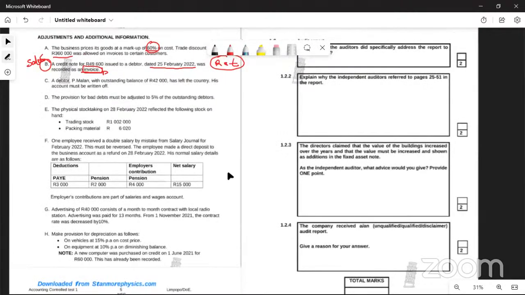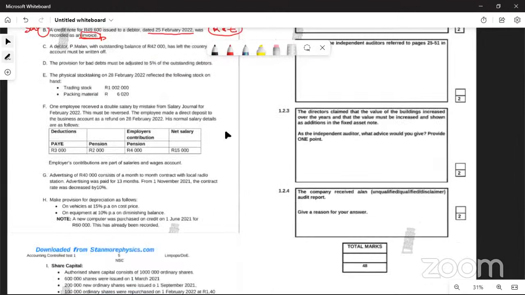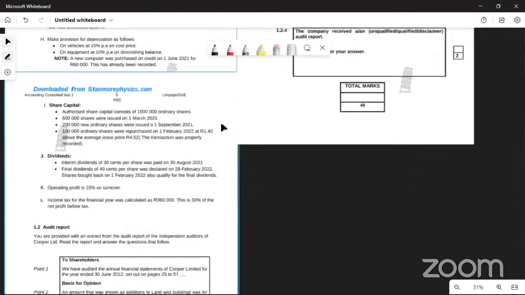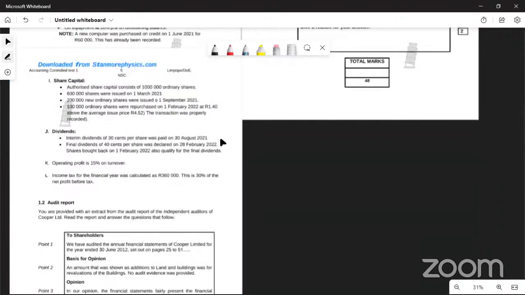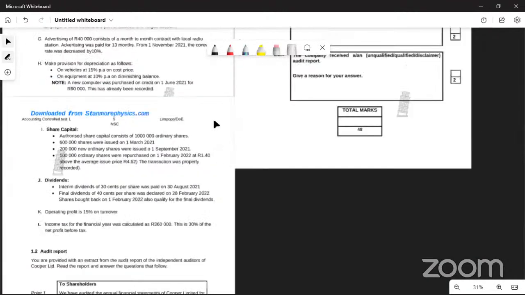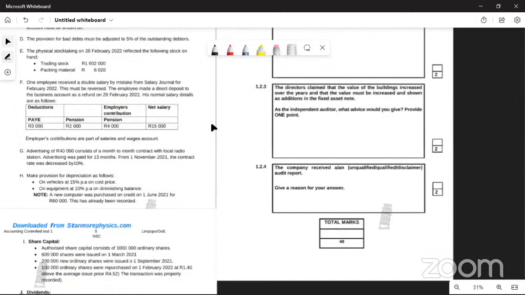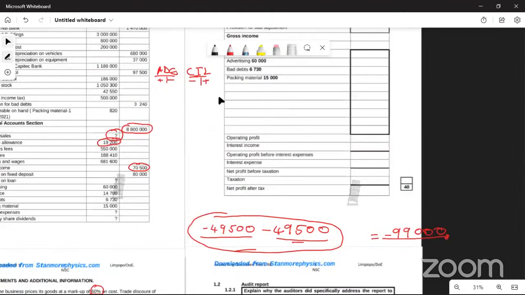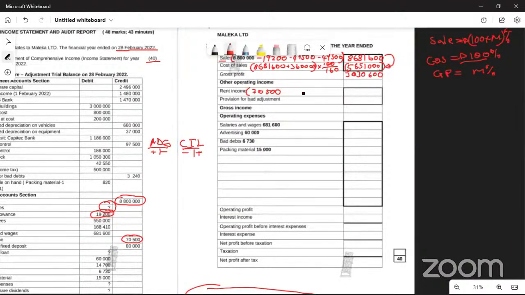We move down, there are other transactions: income tax, audit report, operating income. Fortunately for us, there's no transaction that will affect the rent. So you take the rent as it is, 70,500.